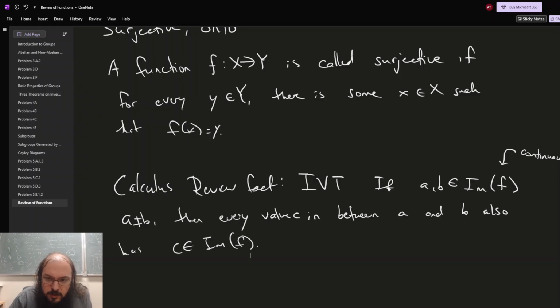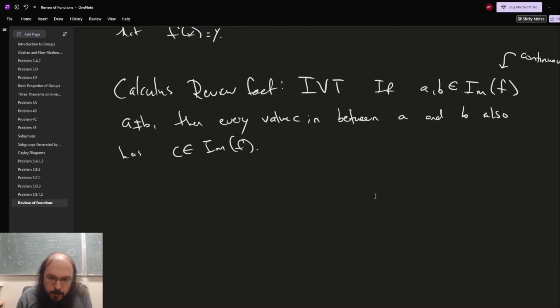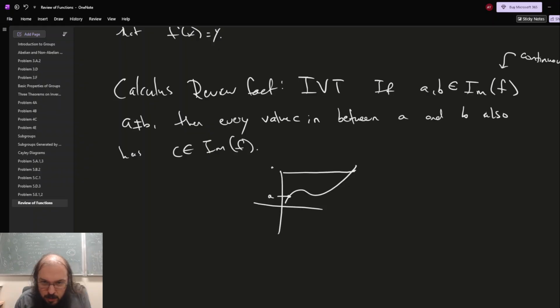And so, in other words, the picture is something like, you have some squiggle, and then you have a value here. Here's A, and then we have a value up here, B. And then the point is, no matter what kind of C you pick in the middle, it's achieved somewhere.